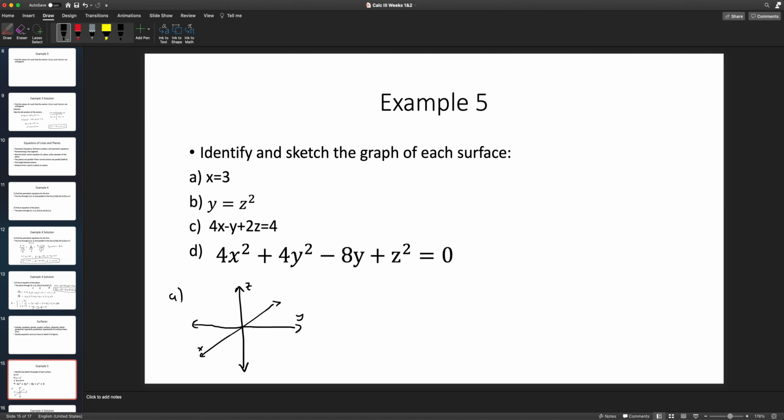And here we can choose direction, so we just choose this to be positive here. So x equals 3. So x is always 3. y can be anything. So it's just a line on this plane here. Okay, so x equals 3 just looks like this.